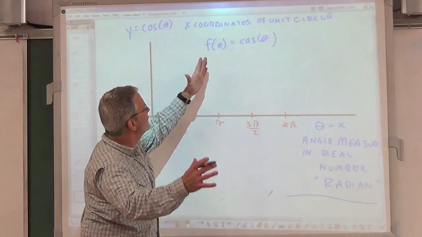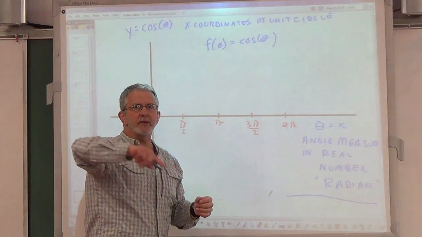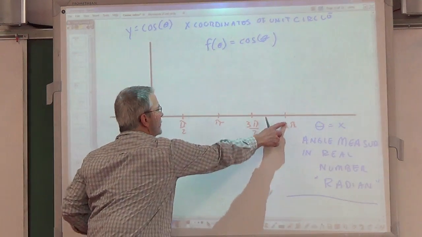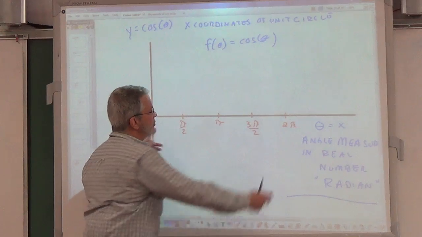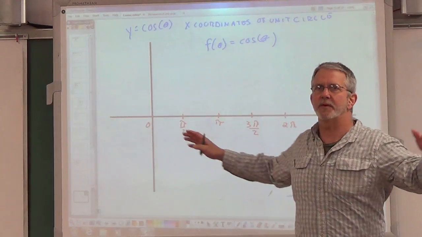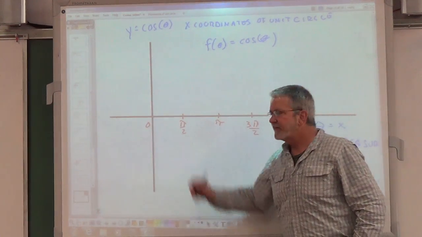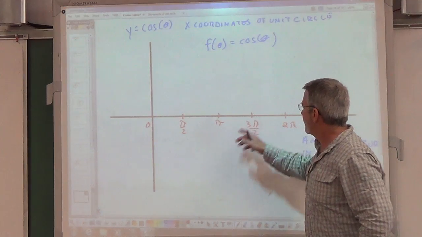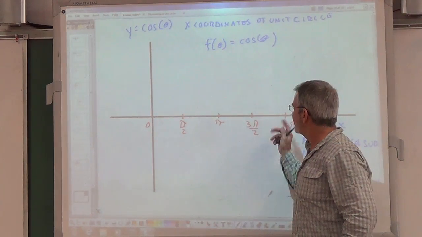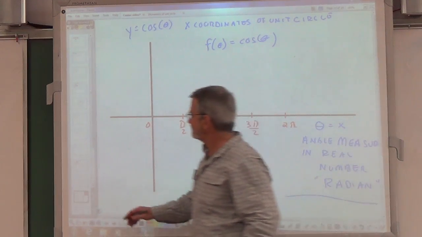What I'm going to do is look at that cosine output one time around the unit circle, from 0 to 2 pi. I'm going to divide that into fourths, just to get a good idea of what's going on: 0, 1/2 pi, pi, 3/2 pi, and 2 pi. And I'm going to look at my outputs.